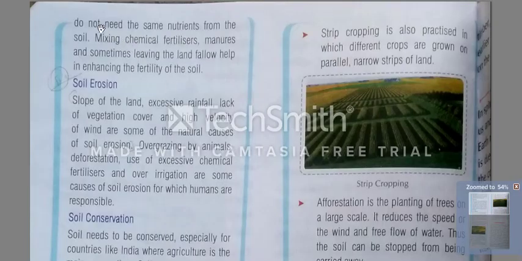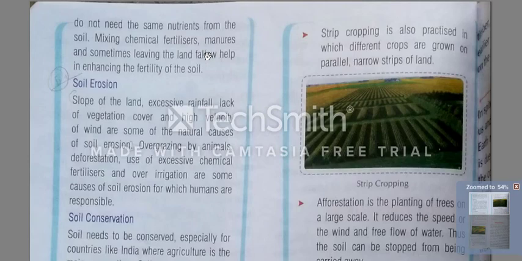Here you can see, crops do not need the same nutrients from the soil. Mixing chemical fertilizers, manures, and sometimes leaving the land fallow help in enhancing the fertility of soil. Some fertilizers nowadays are available in the market, and they are also not good for the soil.